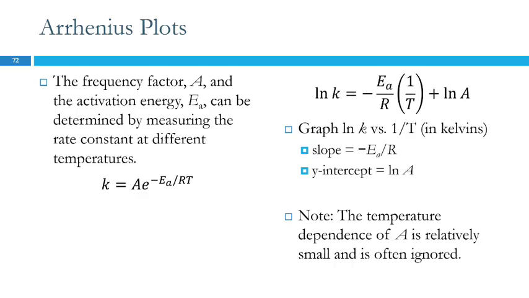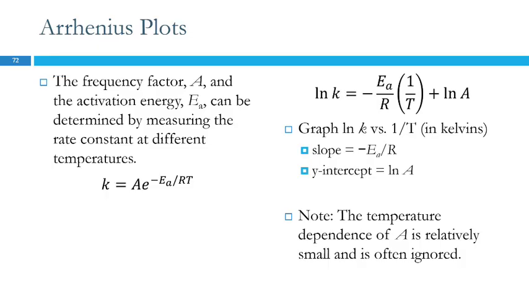Because if we pay attention to every single thing, it's crazy complicated, right? And so that A factor doesn't change very much, and so it really doesn't have an effect on the rate constant unless you're looking at extreme temperature changes.